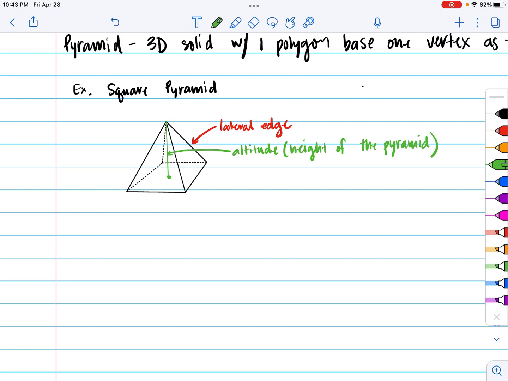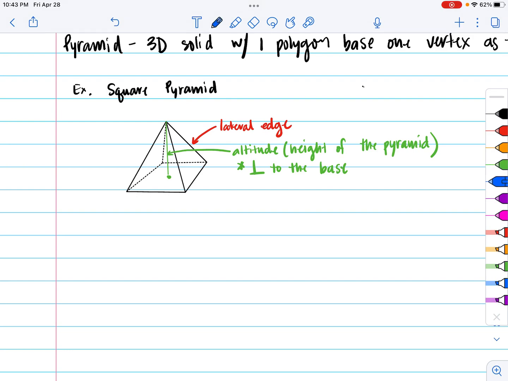And it is also perpendicular to the base. So this is kind of like a star. This is perpendicular to the base.